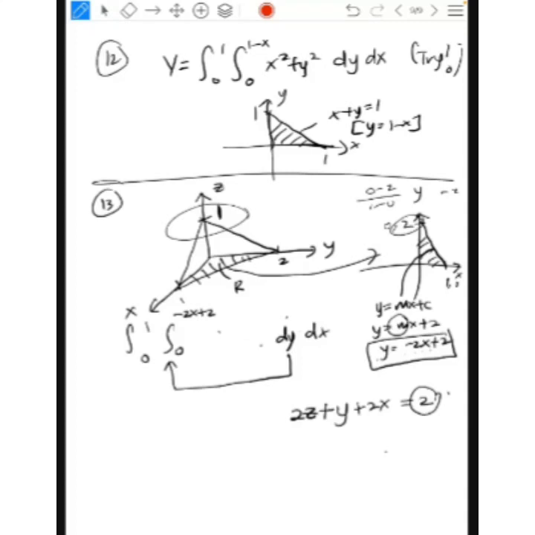So this is actually the whole equation for the solid, the tetrahedron to be exact. 2z plus y plus 2x equals 2. Or, if you want to check, x equals 1 is correct, y equals 2 is correct, z equals 1 is correct. So what is z? z equals (2 minus y minus 2x) over 2. So this is your integrand.